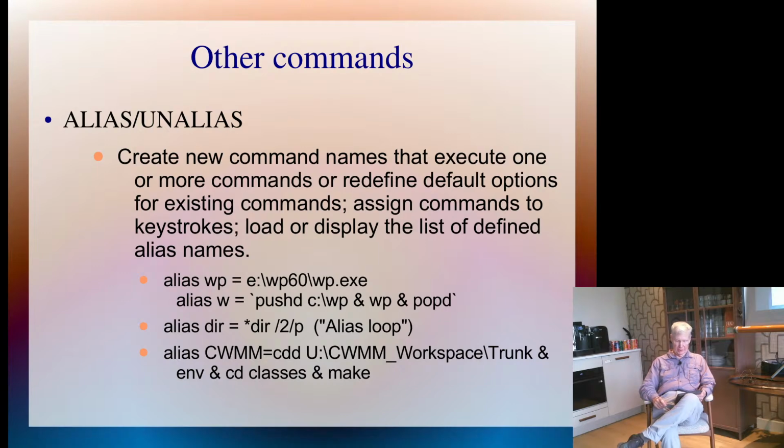Okay, other commands. Alias is probably one of the most powerful commands in this system. Unalias is simply a way to take an alias out of memory, since, like I said, the aliases are held in memory. And here we have some examples of it.